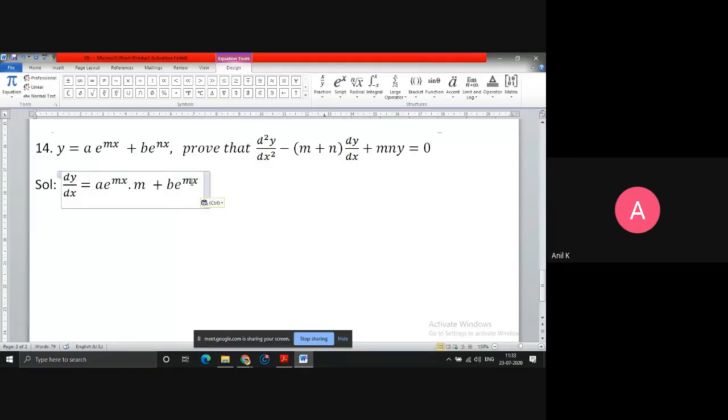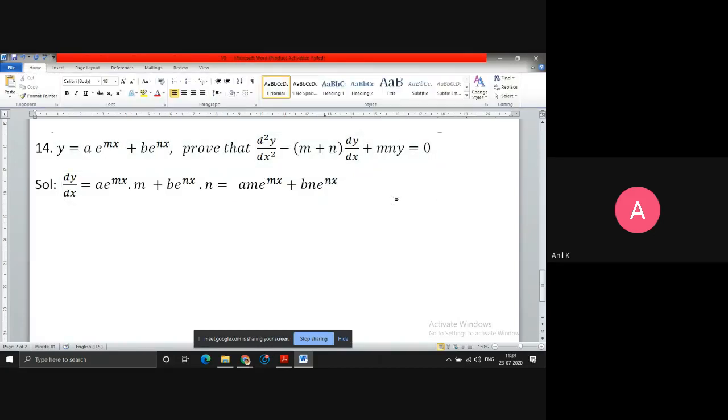E power nx derivative is e power nx only into derivative of nx is n will come. Okay. So if you want to rewrite the term, you will get a m e power mx plus b n e power nx. This is the first derivative you got it.